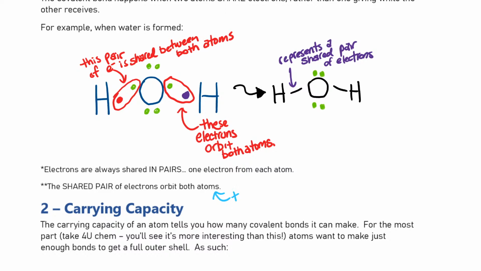So the orbiting of both atoms, of both nuclei, forms the bond.